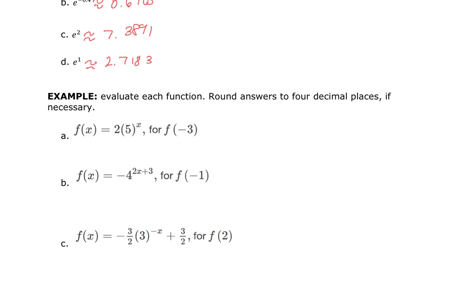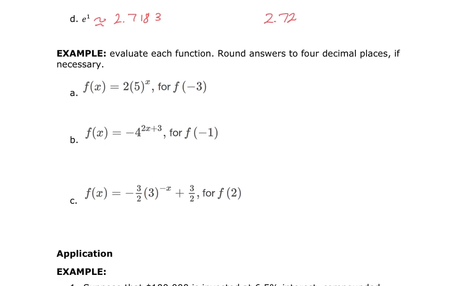All right, so we have that on your calculator. And if you don't have that on your calculator, you can use 2.72 for e, because that's what it's approximately equal to to 2 decimal places.